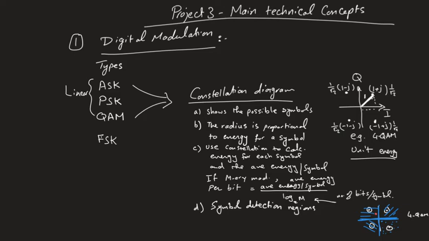For example, in the case of PSK, let's say 8 PSK, it will look like this, right? The symbols that we have, sorry, 8 PSK will look like points on a circle, right?